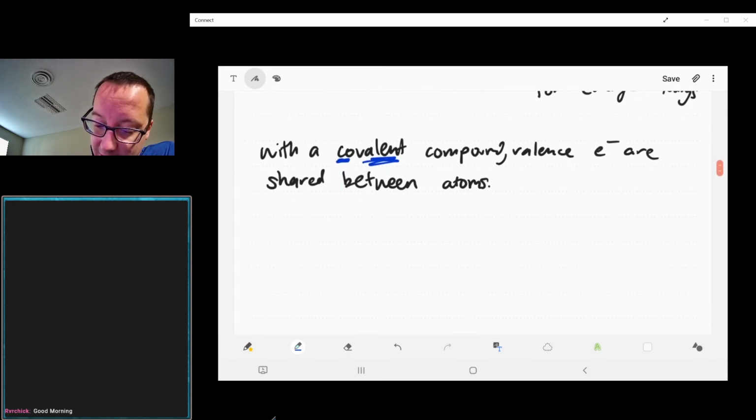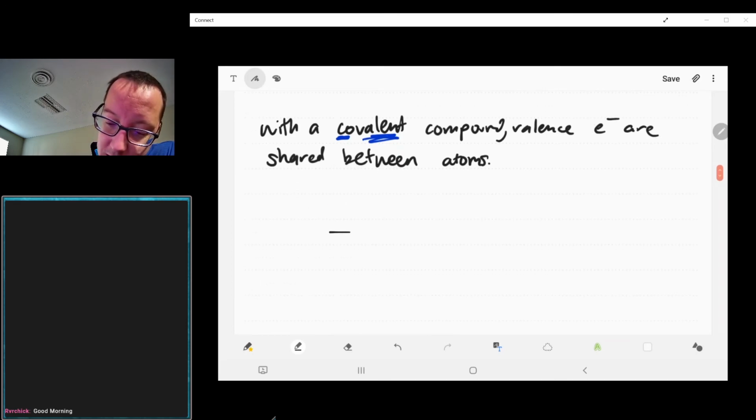And covalent compounds look something like this. If we have our good friend methane, let's take a look at that. I'm just going to show you the structure of methane. And we're going to learn in a little bit how to come up with these structures ourselves.